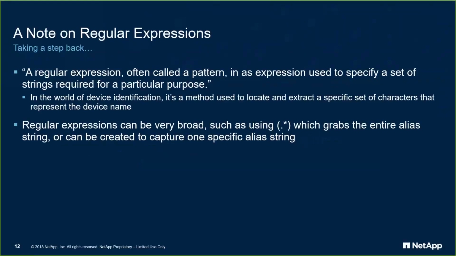So what you're going to see is regular expressions. They are very powerful. So they can be incredibly broad. You'll see this example of dot asterisk. This will grab every character in a string. So if we're talking about an alias, it's going to grab the entire alias name. In most cases, this is useless, right? Usually, an alias is going to contain a couple different names, whether that's a zone name with a host name, with a switch name, HBA, drivers, right?